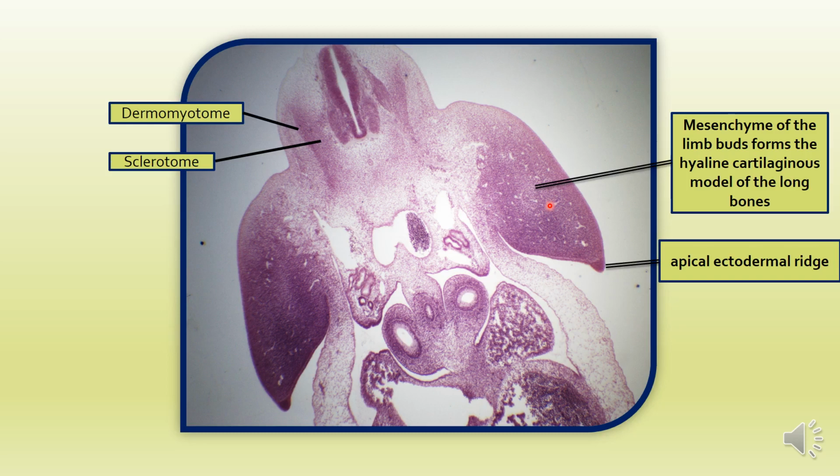And you can see the mesenchyme of the limb bud forms the hyaline cartilaginous models of the long bones. Okay, the thickening is called the apical ectodermal ridge, while the mesenchyme of the limb bud forms the hyaline cartilaginous models of the long bones.